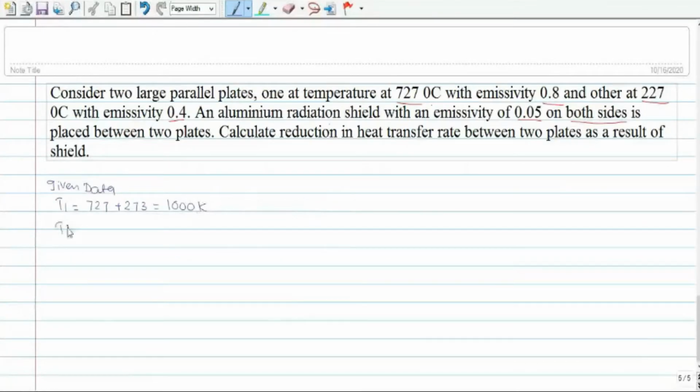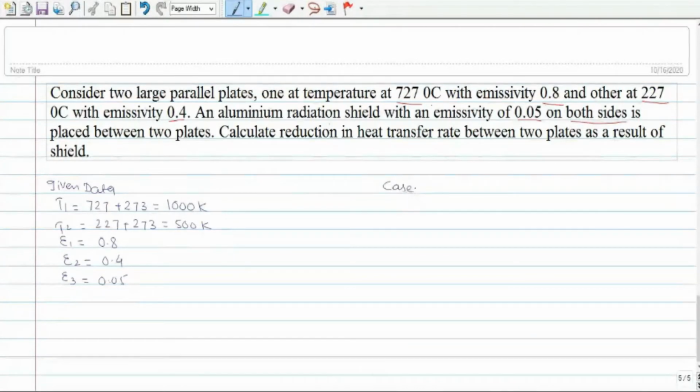Then T2 is equal to 227 plus 273, so it is 500 Kelvin. The emissivity of 1 is 0.8, then emissivity 2 is 0.4, and the emissivity of the radiation shield is 0.05. So in the first case, we need to calculate the heat without any shield.